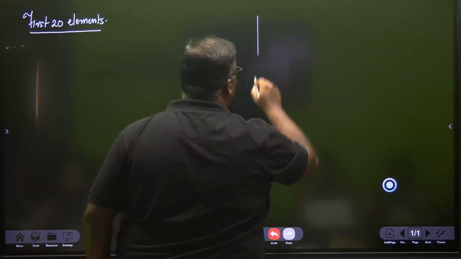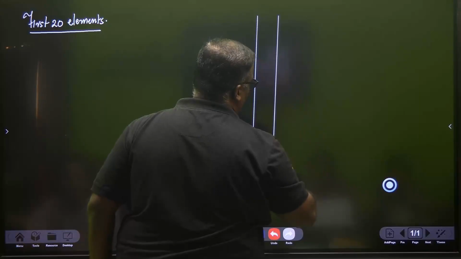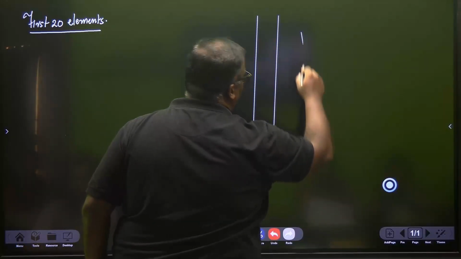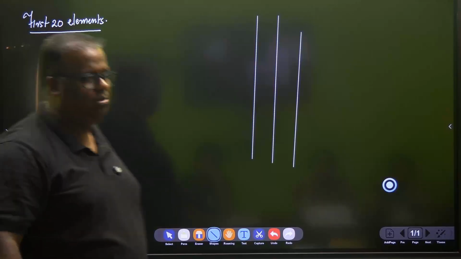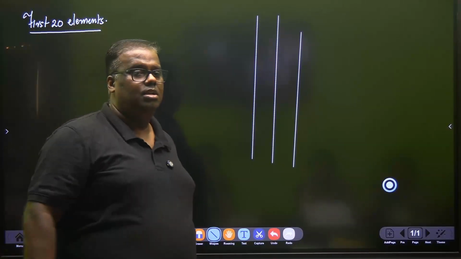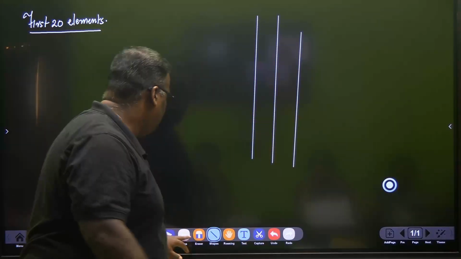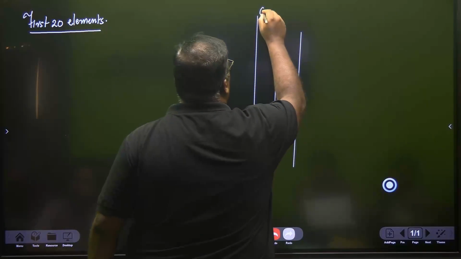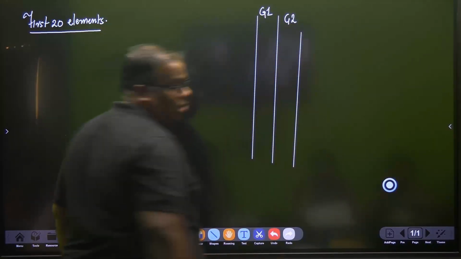As we are in grade 9, our job will not be using the entire periodic table. The periodic table comprises periods and columns. Columns are known as groups and periods are rows. So we would be dealing with group 1 and group 2.